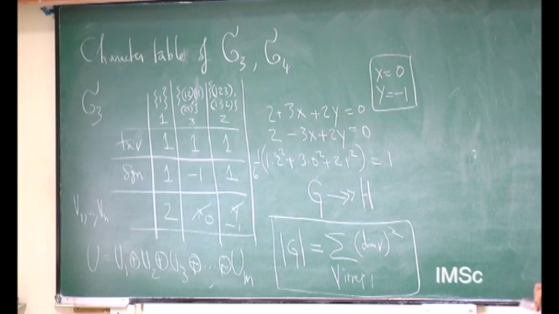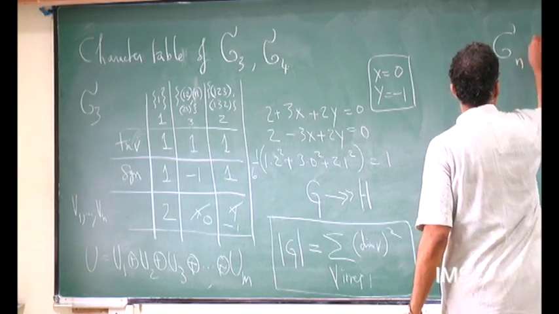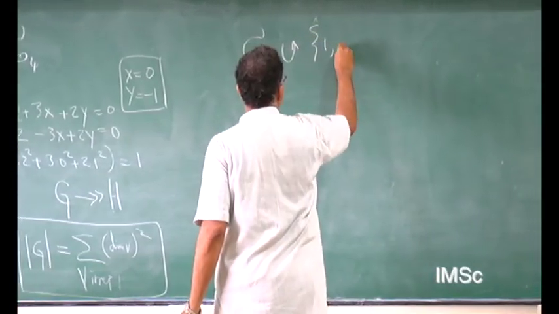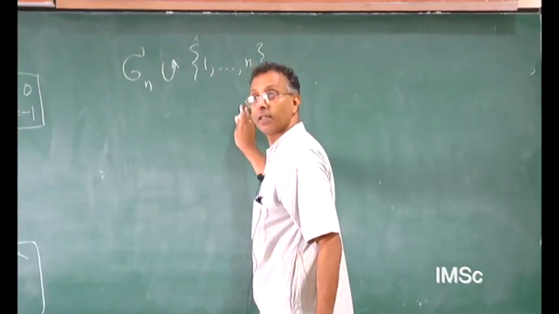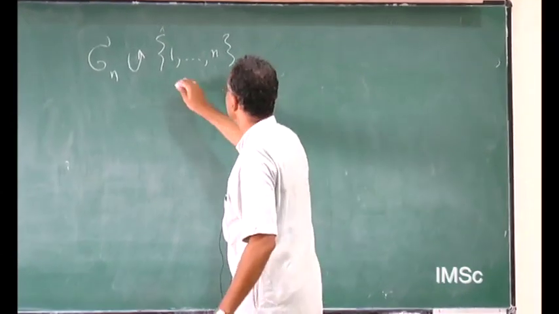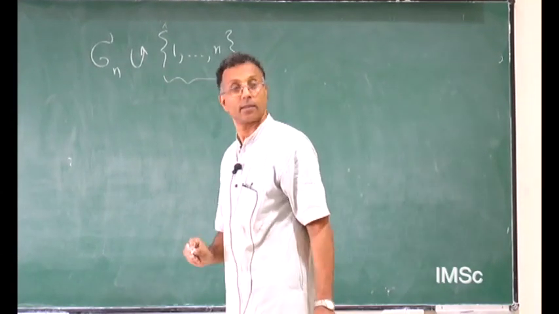we said that Sn acts on 1 to n, and in here there is a subspace. So you linearize this, right?